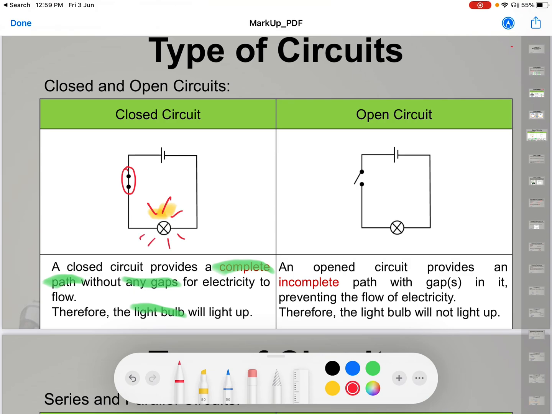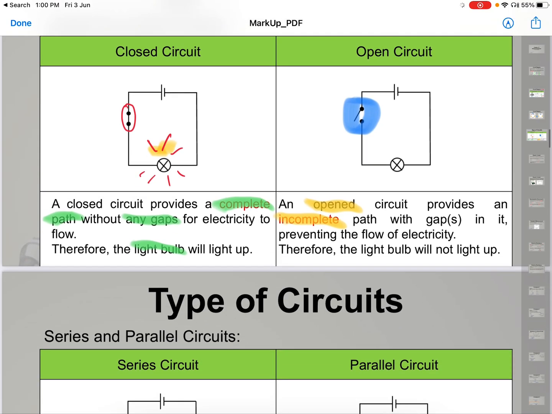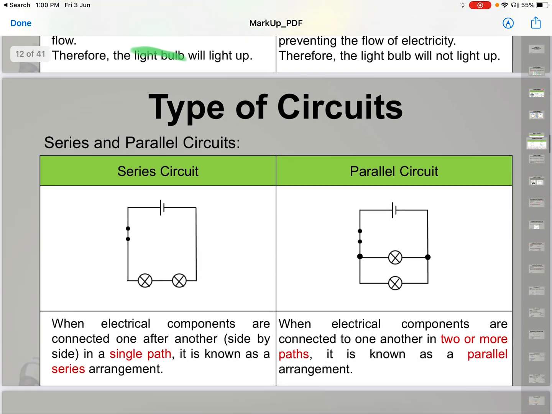On the other hand, if we have an open circuit, which means that the current has broken, the current cannot flow anymore. This means that current will be prevented from flowing and the light bulb will not light up. So I will not show any lit light bulb over here. So this is what is meant by closed and open.